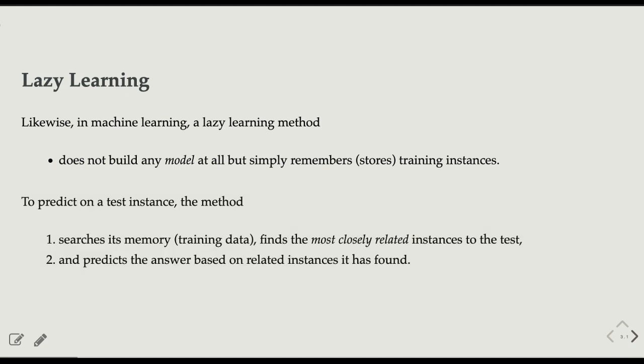Now, how does a lazy learning algorithm predict on the test instance? During test, the method will search its memory with all the copies of training data and find the most closely related instances to the test and predict the answer based on those closely related instances.